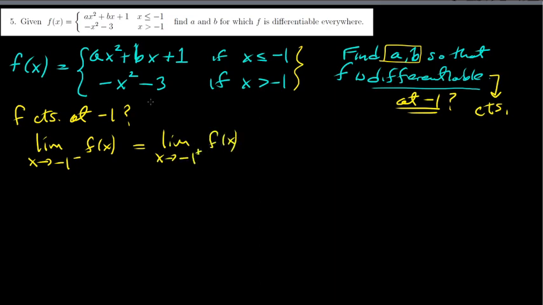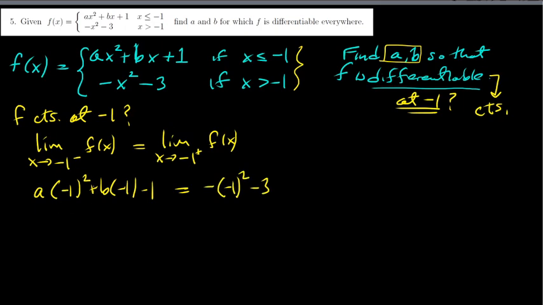Right, and this is what you did on your first test. Some of you forgot to write limits, but you mostly had the right idea, that the functions have to match from the left and right. So the left-handed limit is going to be what? A times -1 squared plus b times negative 1 minus 1. And if you take the limit from the right side, you get negative 1 squared minus 3.